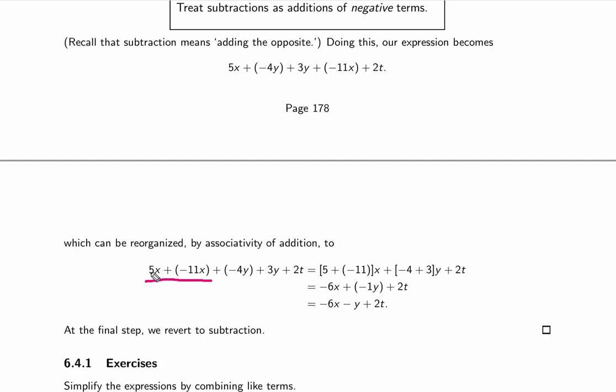We can combine those. 5x plus -11x. That's 5 plus -11. What's that? -6. Combine the y's now. That's -4 plus 3 is -1. -1y or just -y. And the 2t is on its own. So that just gets copied. Alright, so the simplified version looks like this.